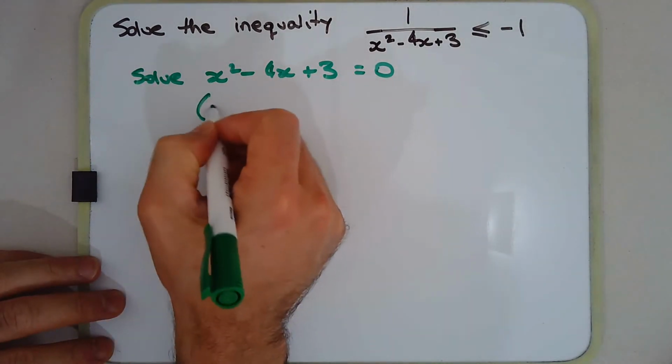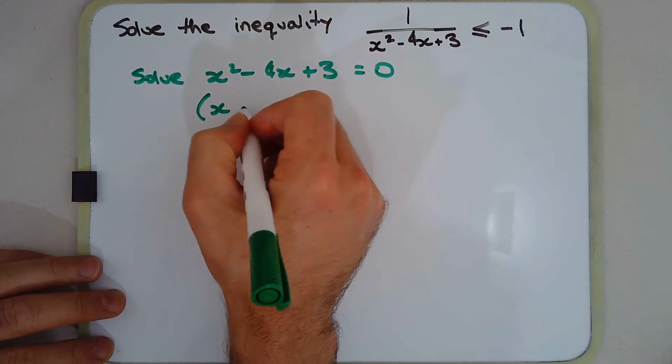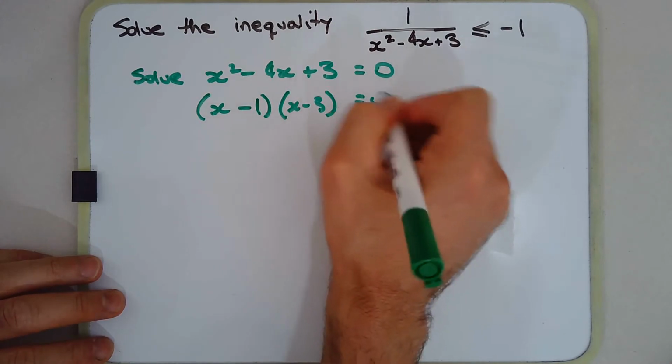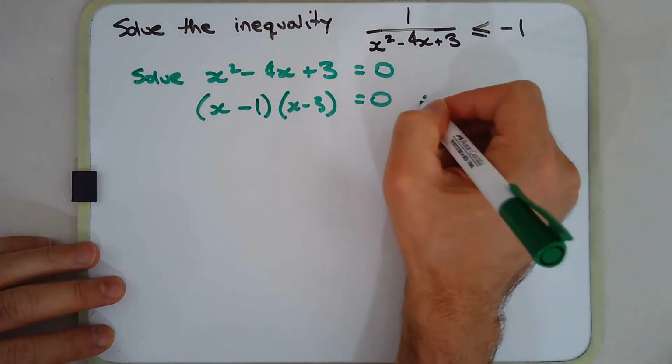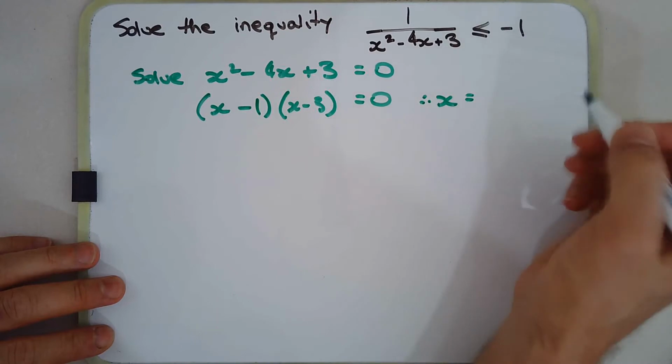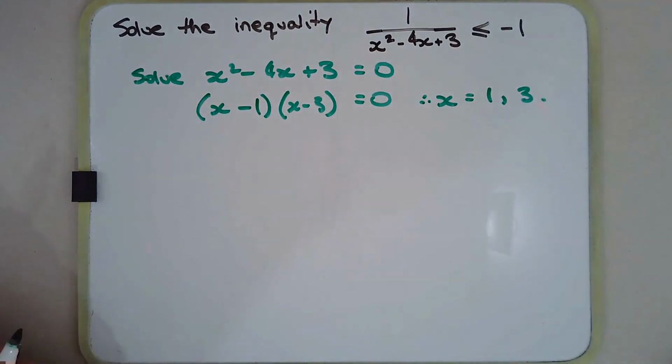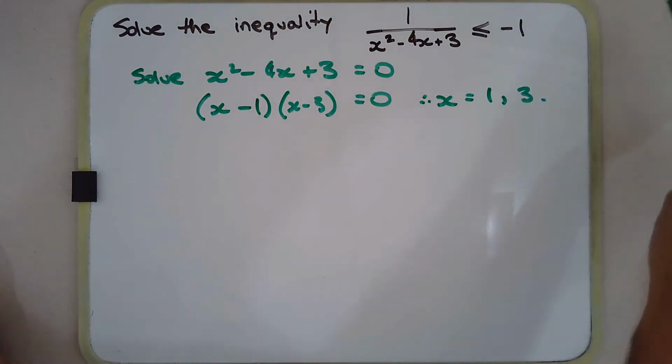Factorizing that, we get x minus 1 and x minus 3 equals 0. Therefore, x equals 1 or 3. So two critical points.